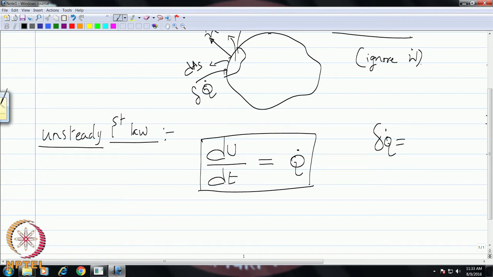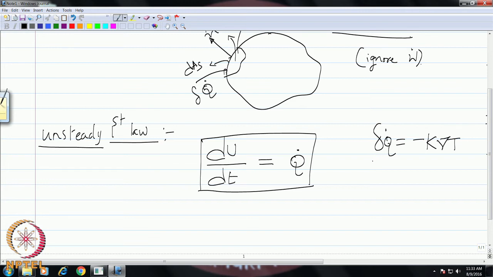So, in a generic case, how do you write this? Without fixed coordinate system, in a coordinate free representation, q dot should be minus k del T. So, gradient of temperature, right.